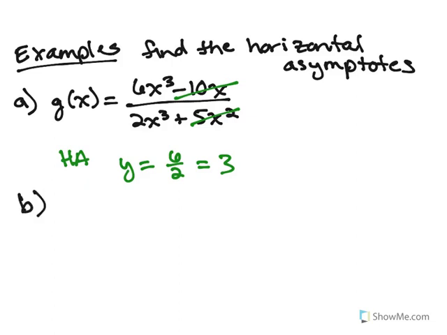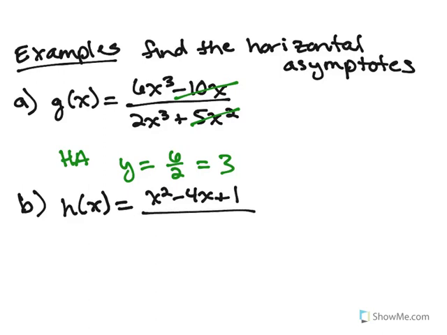All right, let's try another one. My function is h of x equals x squared minus 4x plus 1 over x plus 2. So the degree of my numerator here is going to be 2.